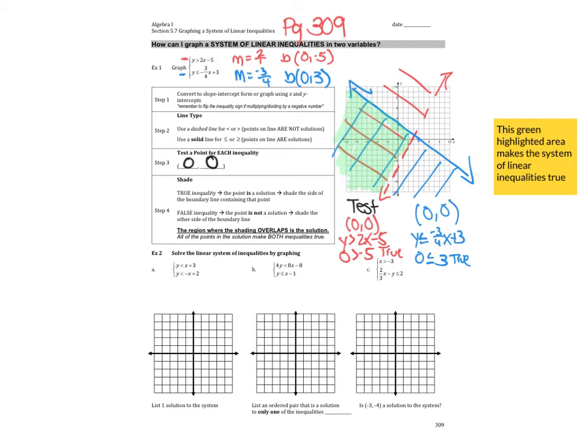Okay, so let's look at example 2, letter A. So again, both of these are already in slope-intercept, so I'm just going to graph each of them. So my first equation, just putting my dots in, and again, because there's no equal to, it's just going to be a dotted line.